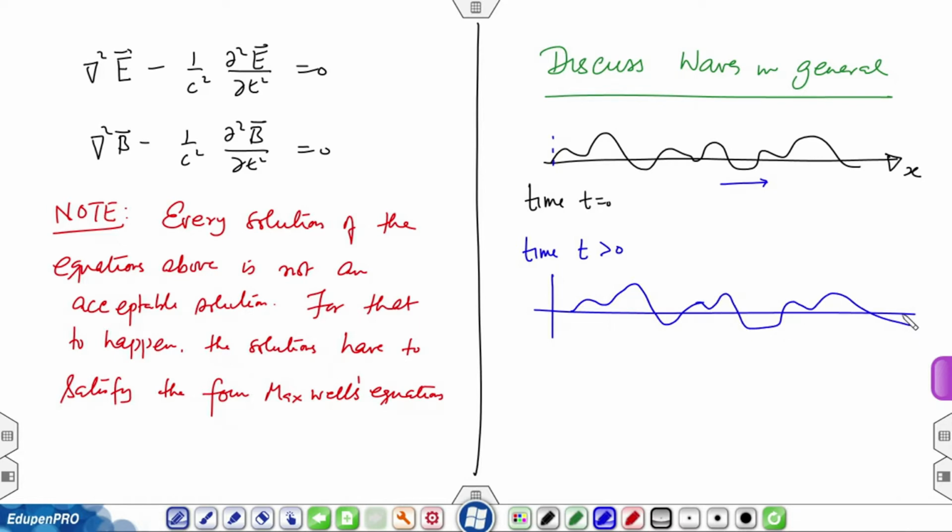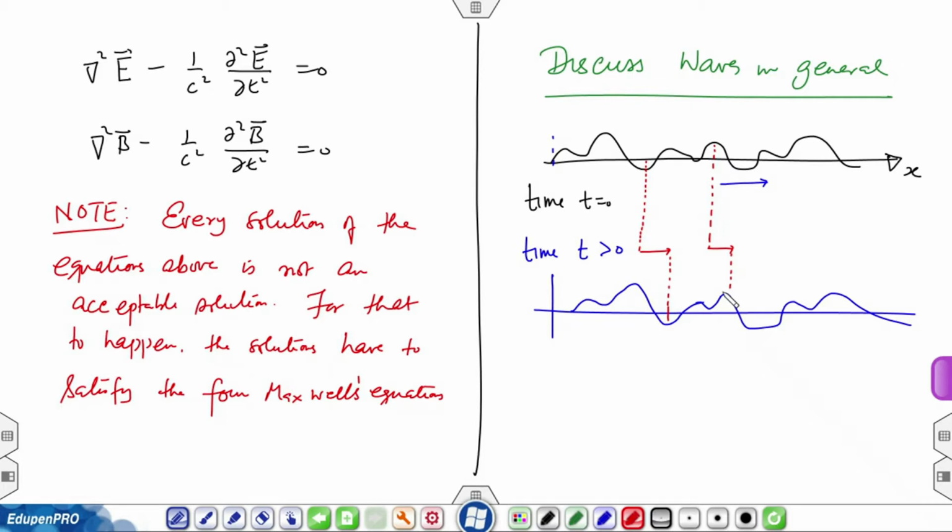It has shifted. Each point has shifted. So, for example, if I consider this point here shown by red, it has shifted to the right. If I consider this point here, it has also shifted to the right, because the wave has traveled.